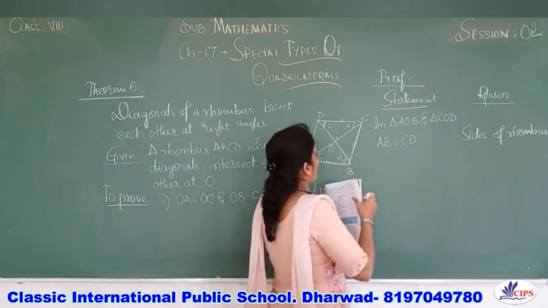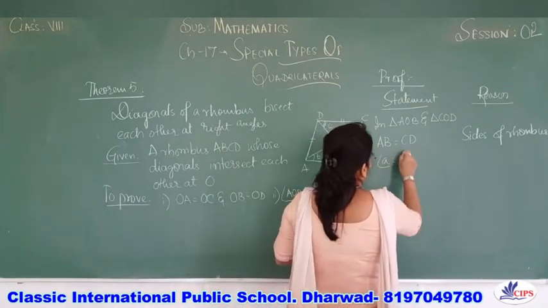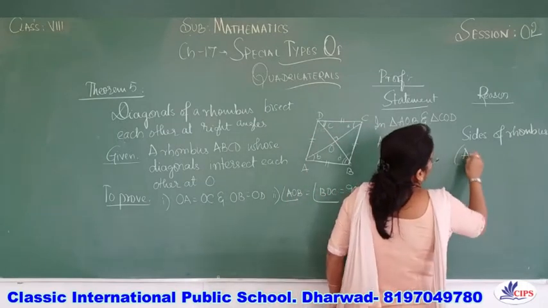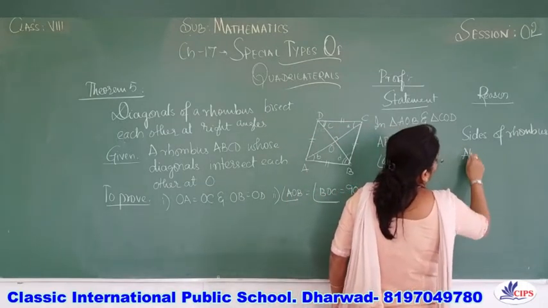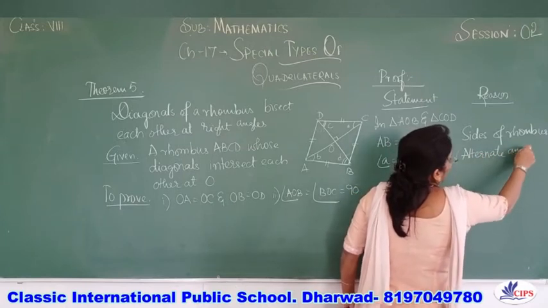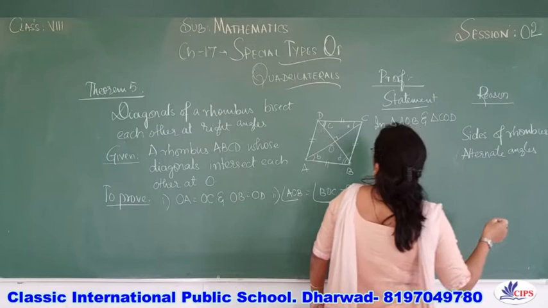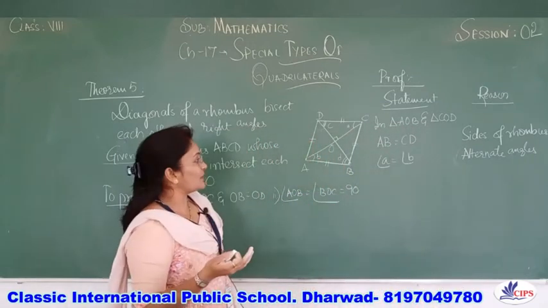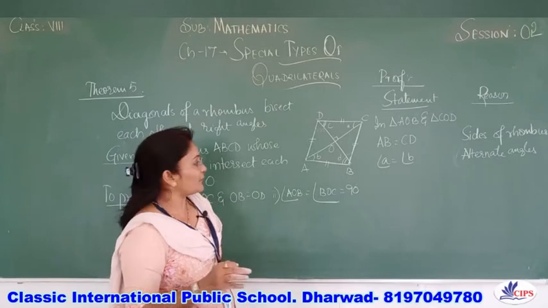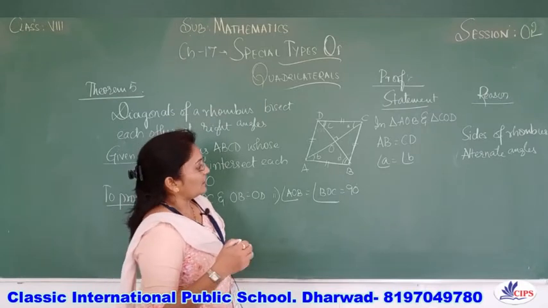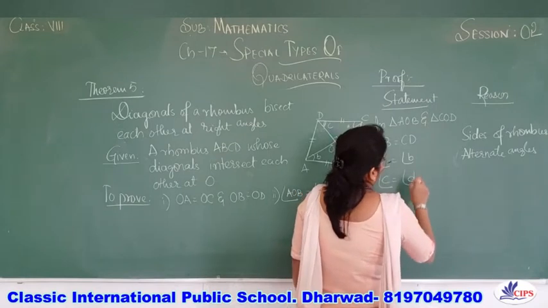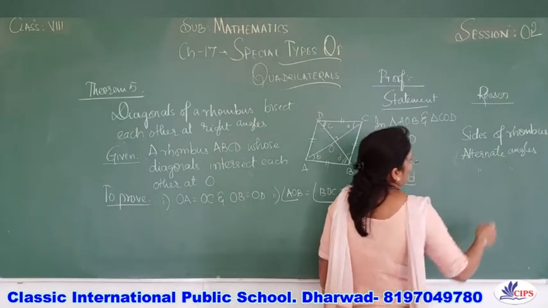So your angle A is equal to angle B because they are alternate angles. Why are they alternate angles? Because AB is equal to CD and AB is parallel to CD. So angle A is equal to angle B because they are alternate angles formed in between two parallel lines. Next, your angle C is equal to angle D. Again the same reason, that is they are alternate angles.